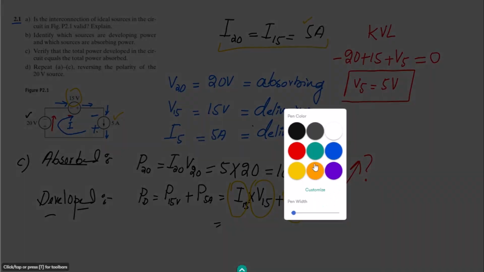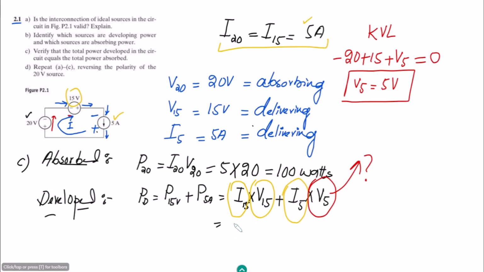Okay, so let me write these values here as we have found them out. This is 5 multiplied by 15 plus how much is this? This is 5 multiplied by 5. Okay, so it would be 75 plus 25, which is 5 multiplied by 5, so this one is 100 watts as well.